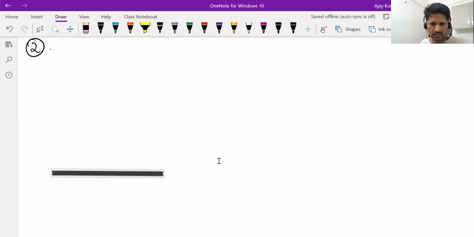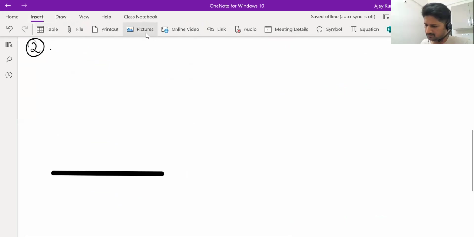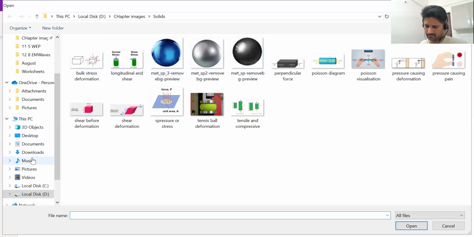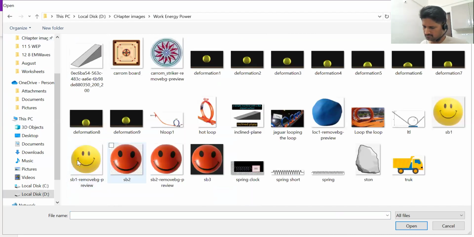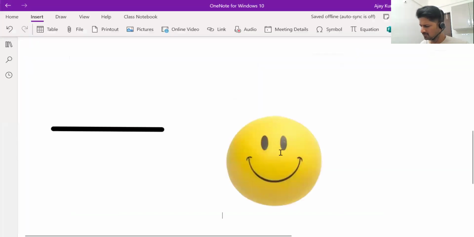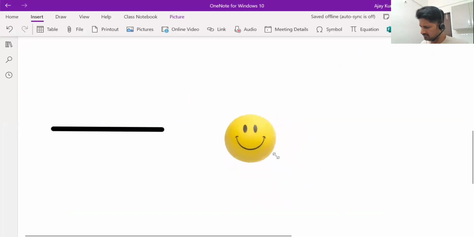Assume this is the ground and let's say a ball is dropped onto it. Okay, let's consider this one itself.